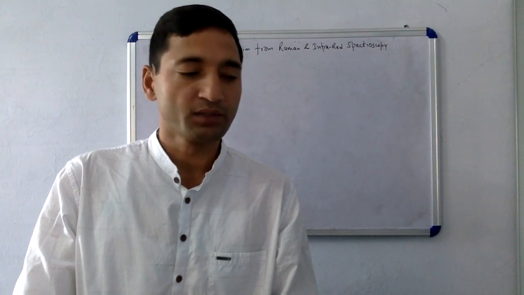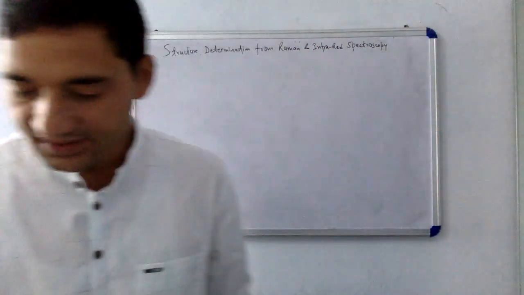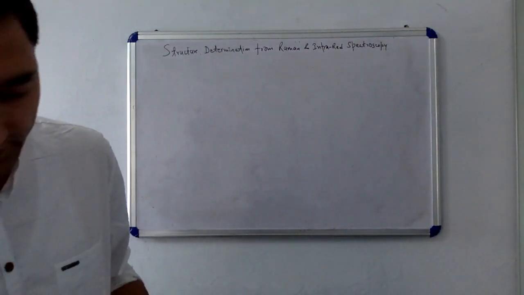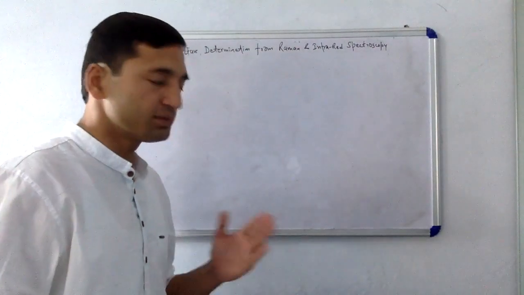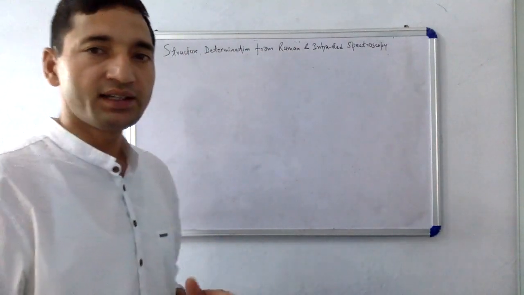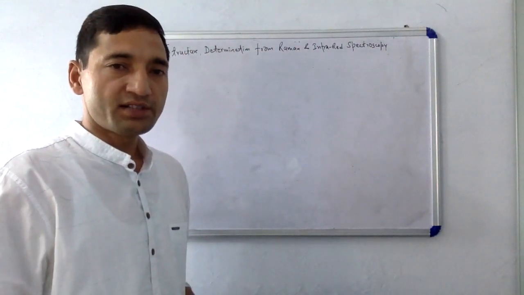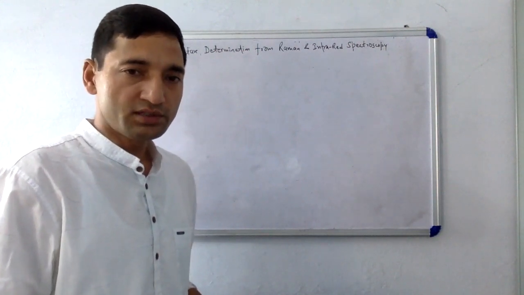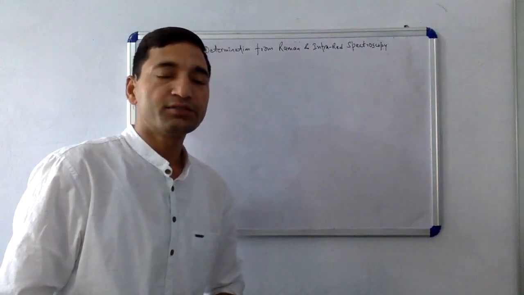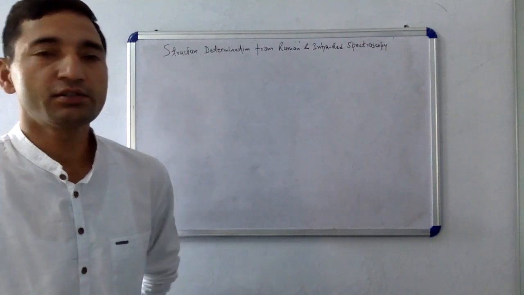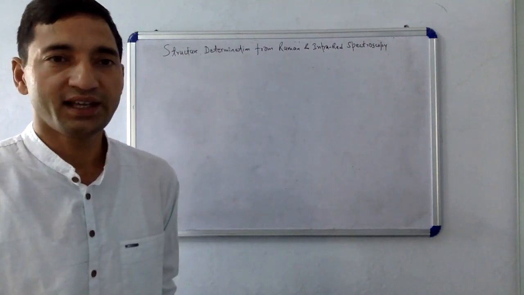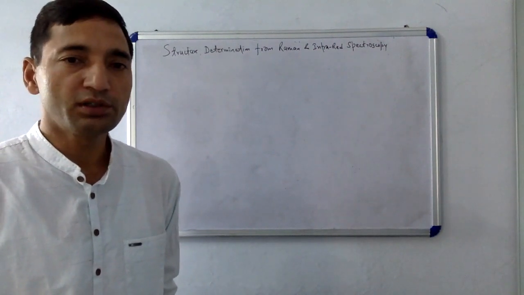In the general case, we will try to find out the structure of molecules by combining Raman and infrared spectroscopy, and we have already done that for the linear diatomic molecules, CO2, N2O, and the water molecule.